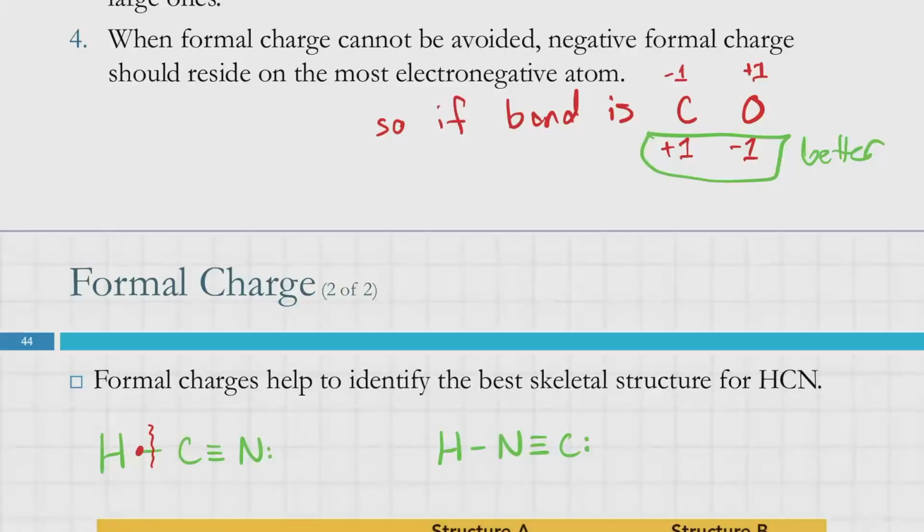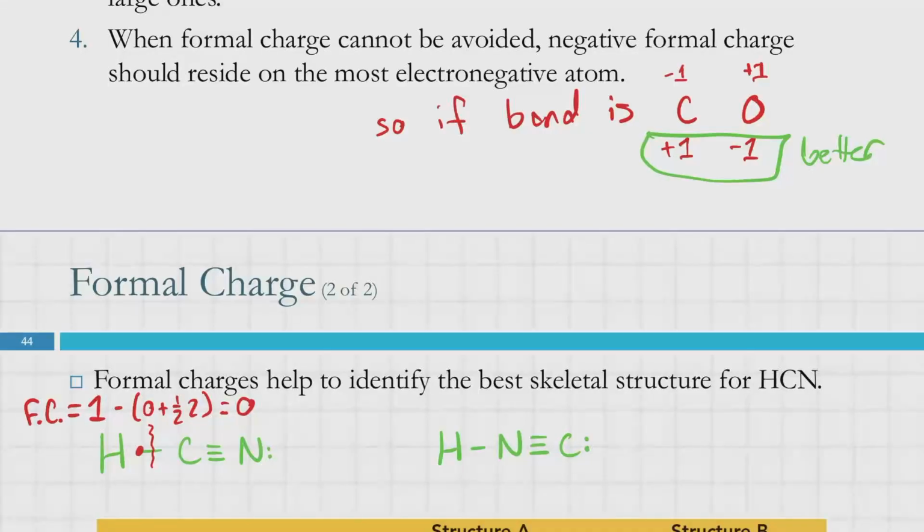It's got 1 electron on it, so its formal charge is 1 minus the number of electrons that are on it, which is 0, plus 1/2 of the electrons that's in its bonds. And this whole bit here, the 0 plus 1/2 of 2, that's just from our formula, in case you want to use the formula. Or you can just look at it as taking half of the bond, it's taking 1 electron, and so it's got a formal charge of 0, which is great, that's what we want.